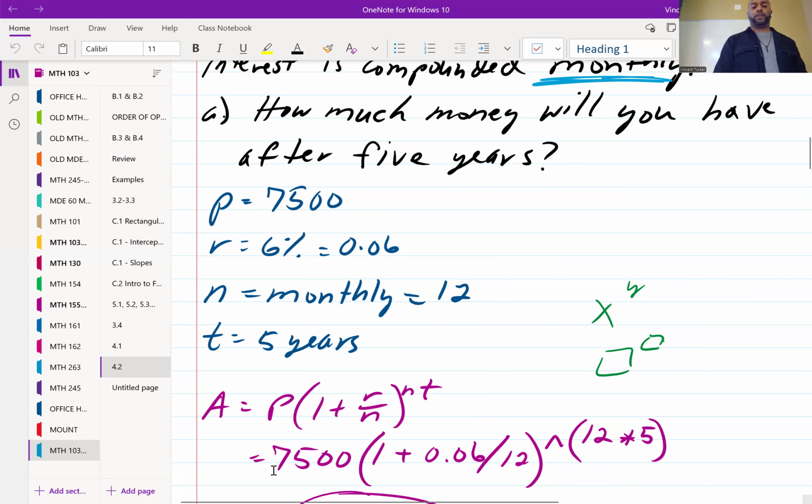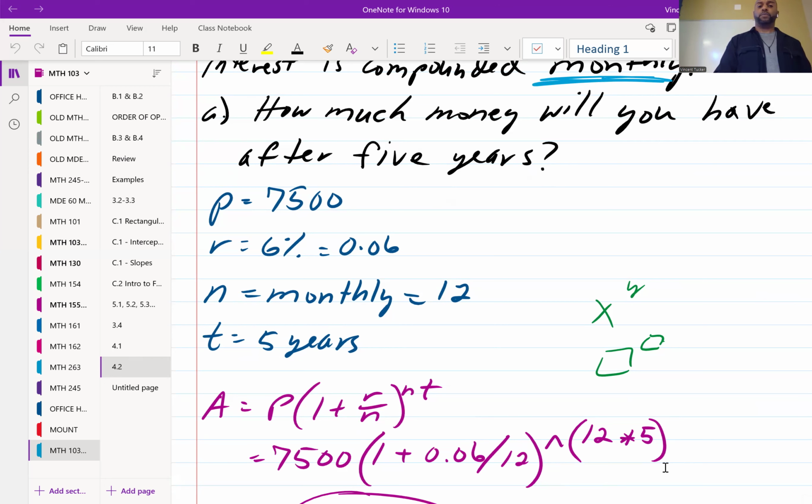You can put it in your calculator just like this: 7,500 times (1 plus 0.06 divided by 12). This here, we call it a caret. Sometimes we call it a hat, depending on who's talking to you. It raises what comes next to the exponent, and you're going to have to use parentheses in order to do 12 times 5 as your exponent.